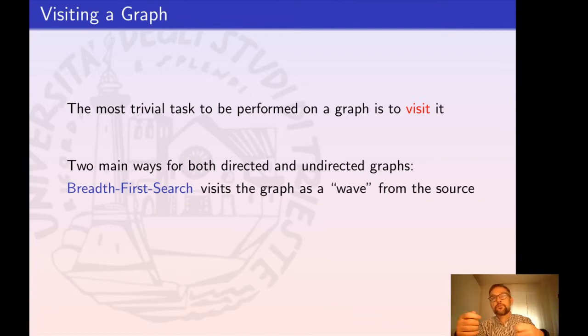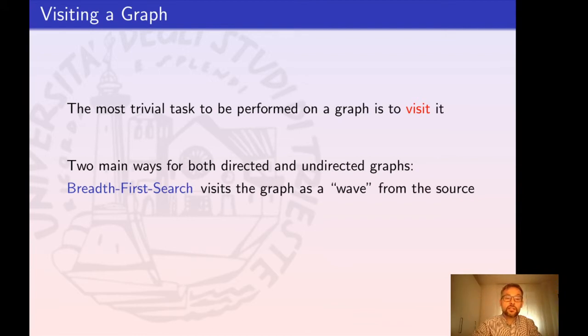I can choose randomly all the nodes in the graph. This is a possible way to visit it, but it's not really useful from a certain point of view. We have only two main ways to visit both directed and undirected graphs.